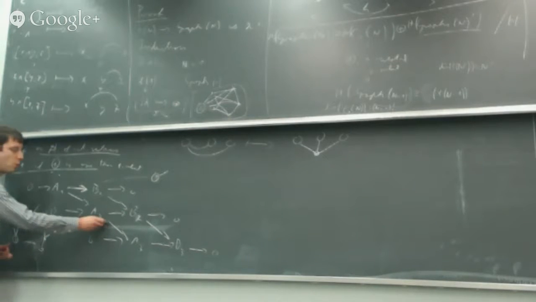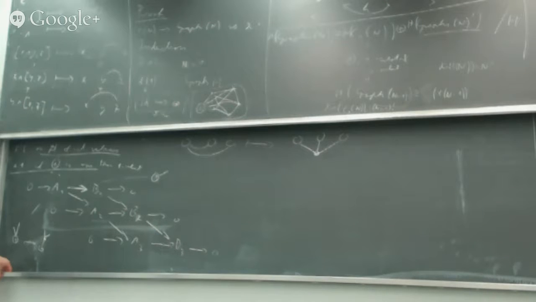Here I have one internal vertex, and here I have two internal vertices. The vertex labeled by 1 is at least 2 valent. Okay, because it's only about the vertex labeled by 1. So in Bn you have exactly n internal vertices, and the vertex labeled by 1 is one valent. And An has n minus 1 internal vertices, and the external vertex labeled by 1 is more than one valent.